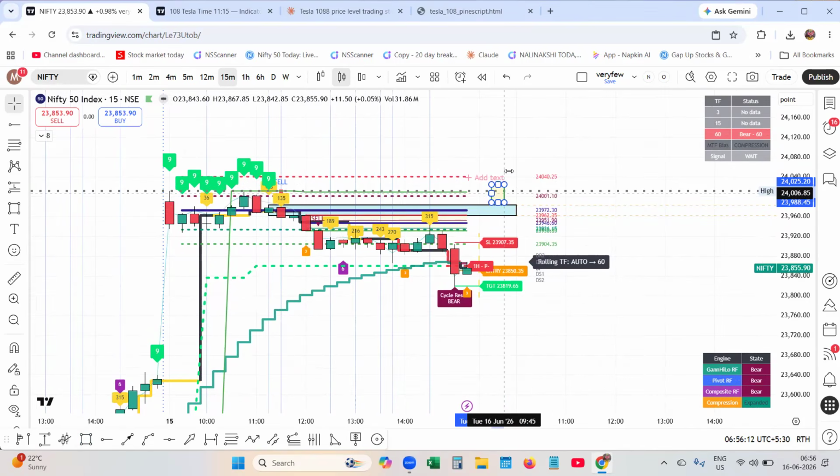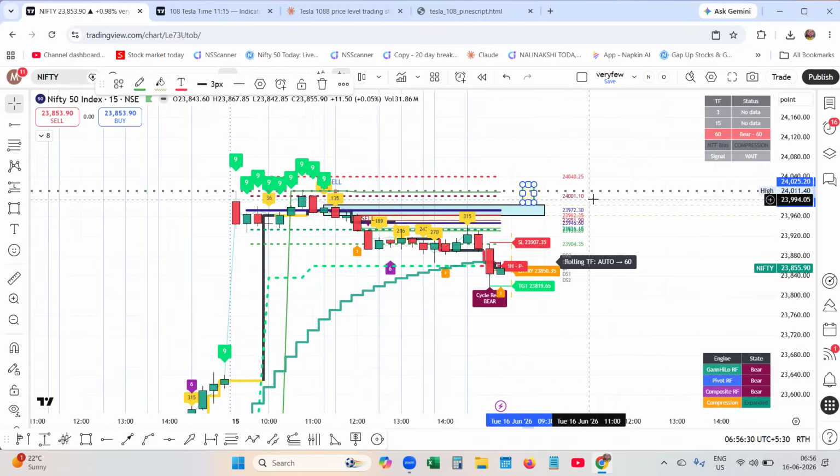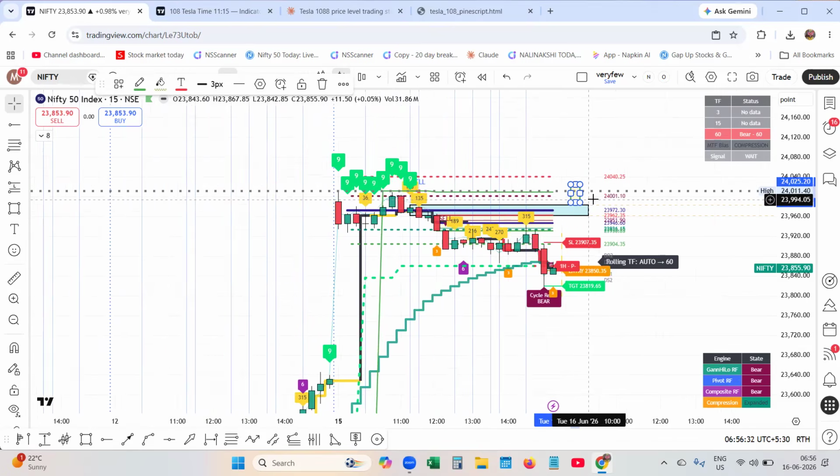If the price starts opening above this and trades and comes to even today's Tesla time, aligns and clusters with each other, then a trend will be emerging in the market.